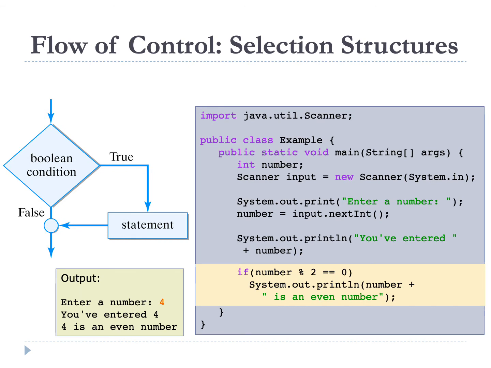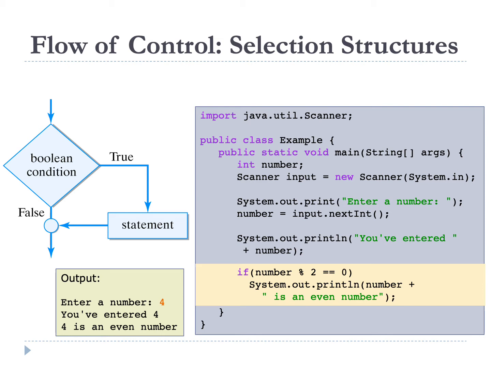For example, I have added this code where I wrote if number modulus 2 equal to 0. At this point, any number that has the remainder of 0 is an even number. We have looked at examples of using the modulus sign to find even or odd in topic 3.